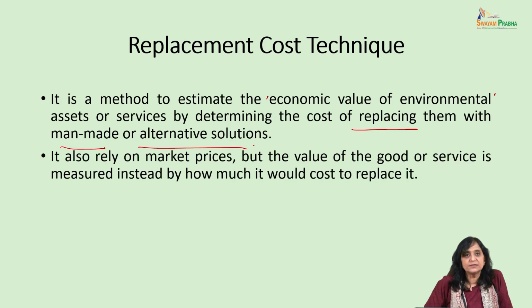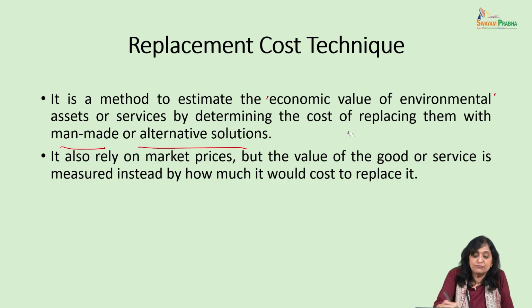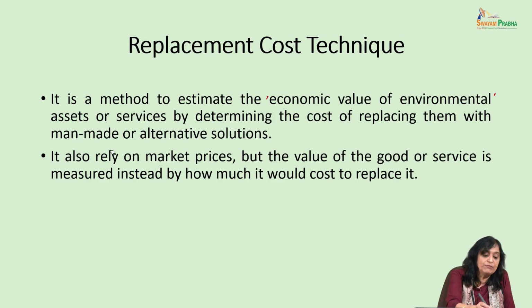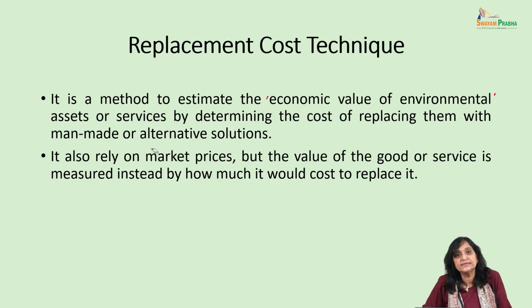So this method also relies on the market prices. But the value of goods and services is measured instead by how much it would cost to replace it. That is, if I am removing this particular environmental asset, then how much money I will have to spend to replace this with a certain alternative solution.